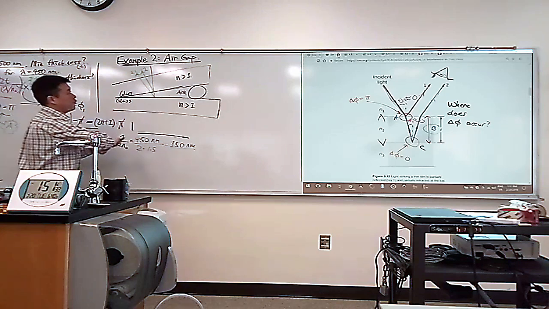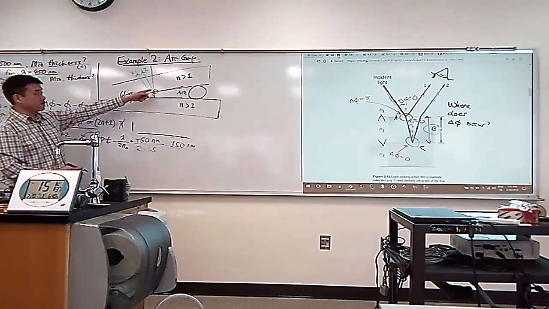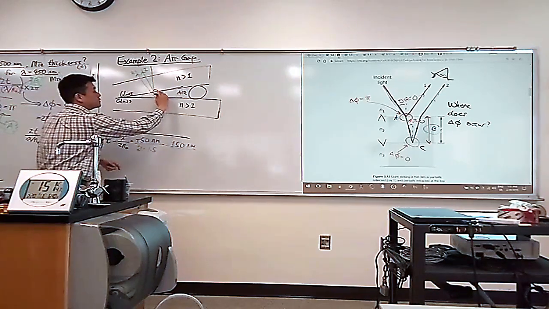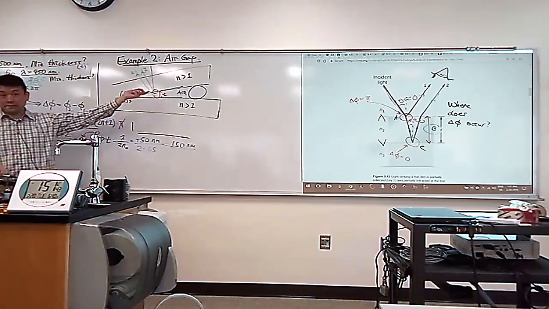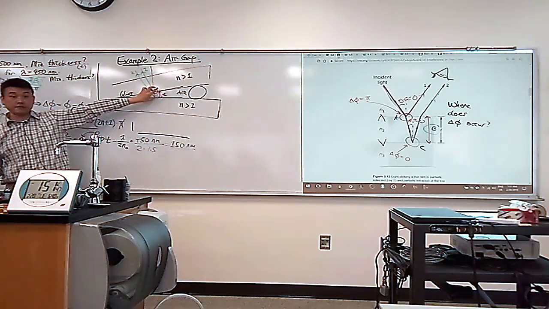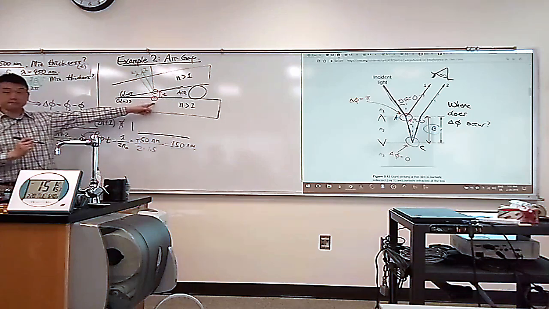So you look at the point where beam 1 is reflecting. You look at the thickness that beam 2 is going through, some kind of thickness, so you'll have to double it. It's air, index of refraction 1, so you don't have to change the wavelength here. And you would look at the reflection here.